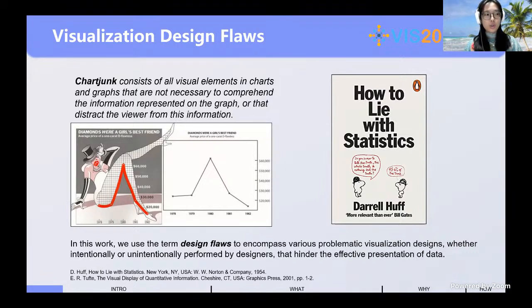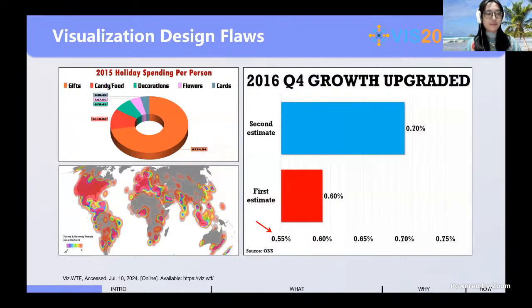Currently, there's no unified definition for flawed visualization. So to avoid confusion, we define design flaws as any visualization design that hinders information display, whether it is intentional or not. Let's look at some examples. 3D charts often distort space, reducing accuracy, and the rainbow color scheme creates confusion due to too many hues.